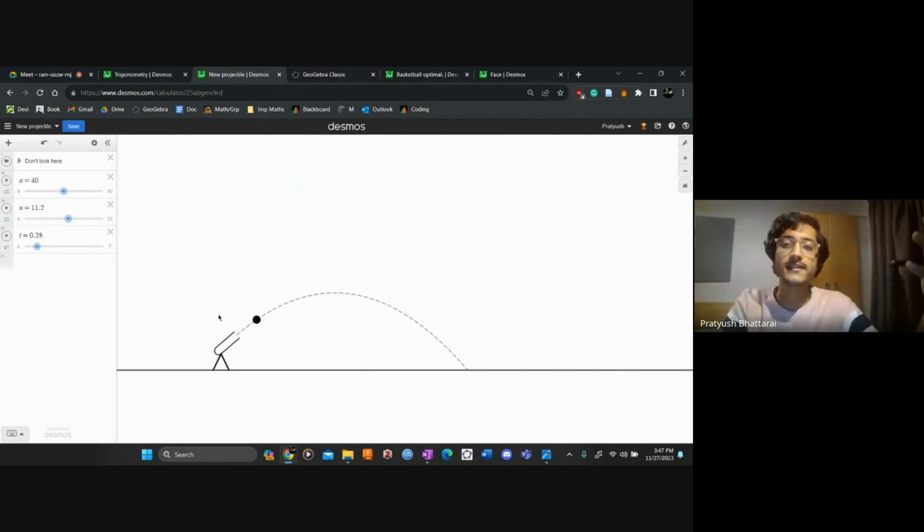This might sound a bit abstract, but think of something like a cannonball's trajectory.